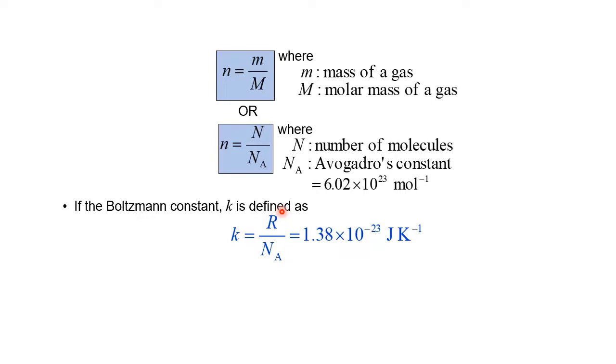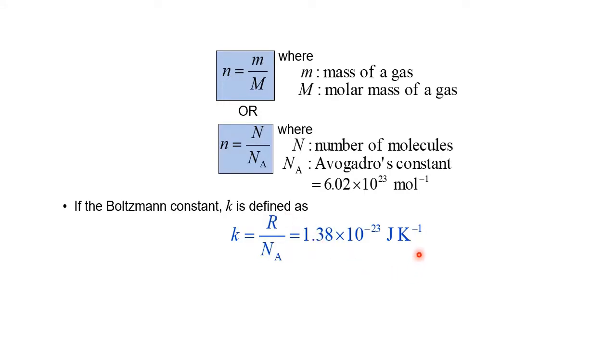Nilai R tu berbeza untuk chemistry dan fizik sebab unit STP tu berbeza lah. Contohnya di standard temperature pressure, bila kita nak calculate R tadi, pressure untuk fizik kita pakai dalam unit Pascal. Dalam chemistry mungkin pakai dalam unit ATM, dan unit-unit lain lah, unit bagi temperature, and then volume.